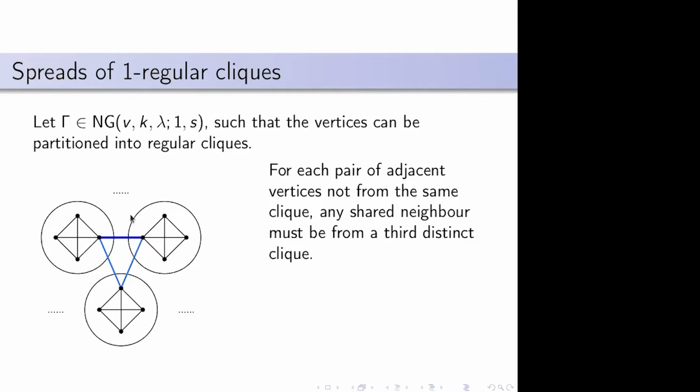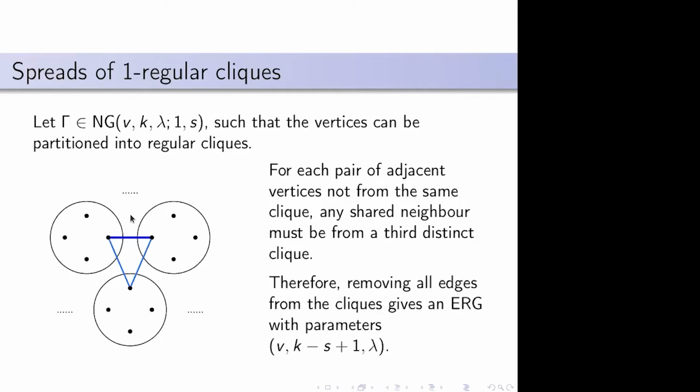And so if we delete the edges of the cliques, then all the triangles in that edge remain in the graph, and the graph itself is still edge regular, just with a lower valency.